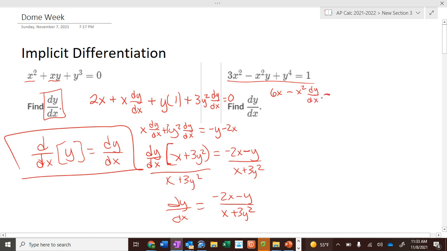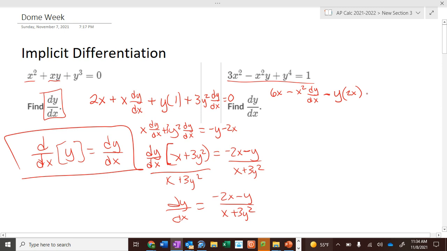And then minus again, because if there's a minus in front, both of them are minus. It's the first times the first derivative of that plus that times the first derivative of this. So it's minus y times the first derivative of x squared, which is 2x.